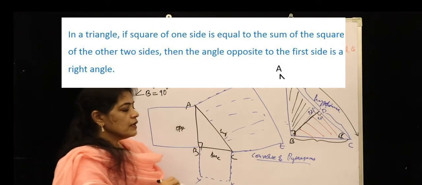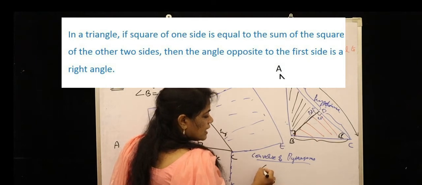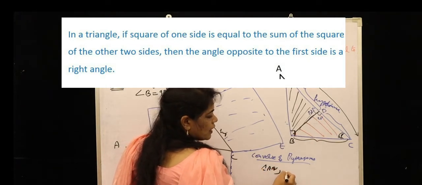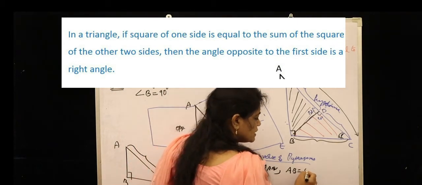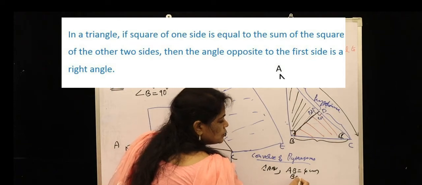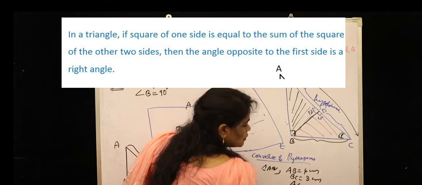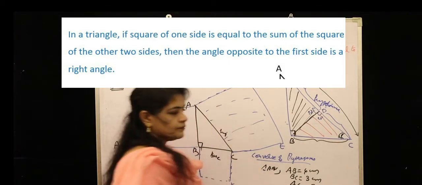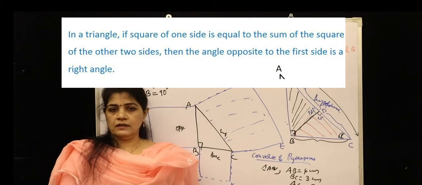For example, in terms of the lengths of a triangle ABC, I am giving AB equal to 4 centimeters, BC equal to 3 centimeters and AC equal to 5 centimeters. We want to check whether this is a right triangle or not.